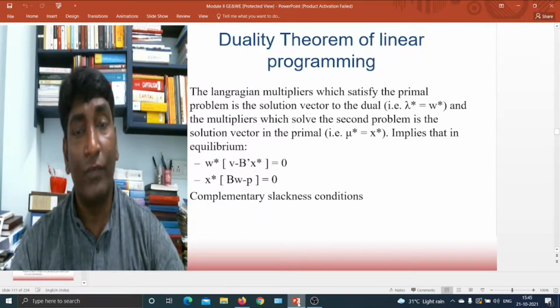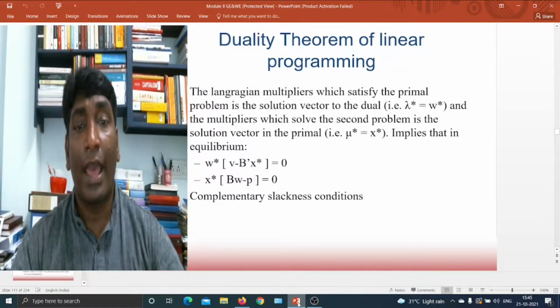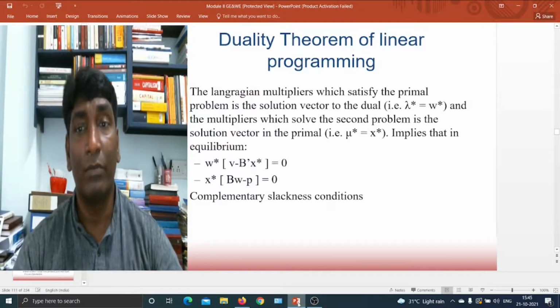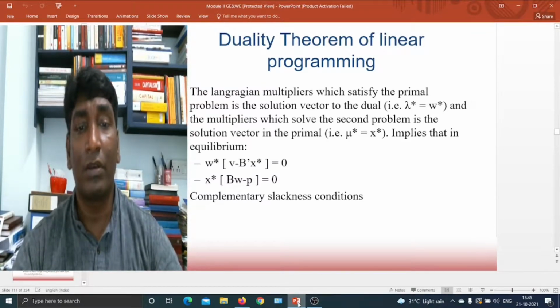So again, if we look into the same issue in a Lagrangian multiplier case, the multiplier which satisfies the primal problem is the solution vector to the dual. That is, you have a lambda star which is equal to w star, and the multiplier which solves the second problem is the solution vector in the primal. That is, you have a mu star which is equal to x star, which implies that at equilibrium w star times v minus b dash x star is equal to 0, and x star times b dash w minus p is going to be 0.